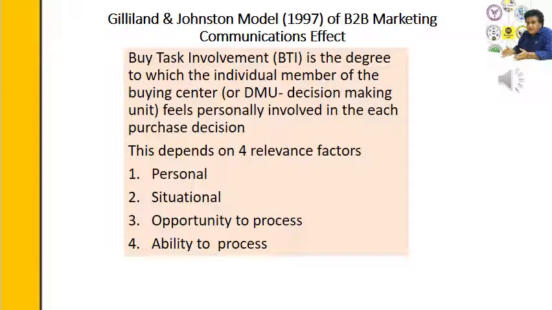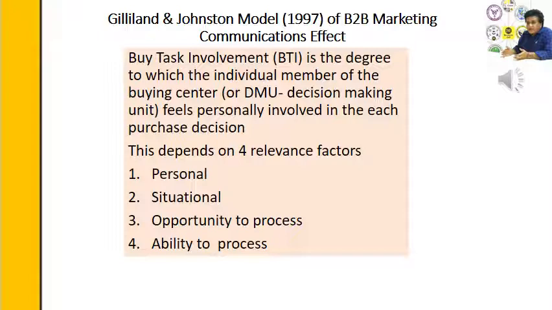So if the seller is trying to convey a message about a product to the buying firm, to the decision making unit, and that message is distracted, there is a high level of noise and distraction, then it is highly possible that the opportunity to process this message is low, and hence it will be a kind of negative influence on the seller.